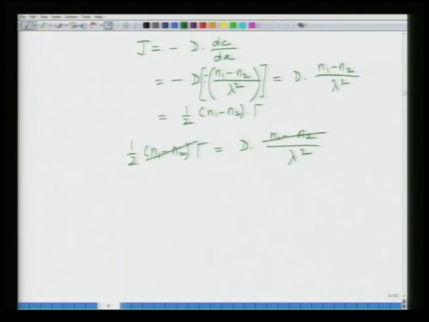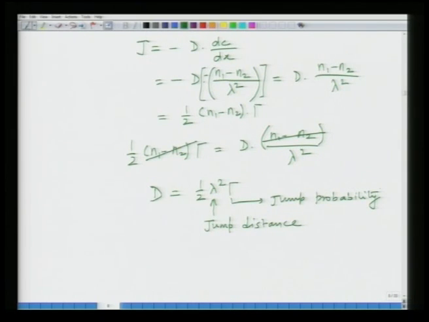n 1 minus n 2 cancel each other, and you get an expression for D, which is half lambda square tau. So, what is lambda here? Lambda is nothing but your jump distance. The distance between two planes is equal to the jump distance, and tau is nothing but your jump probability, and jump probability will be in per unit time, and lambda would be in meter.